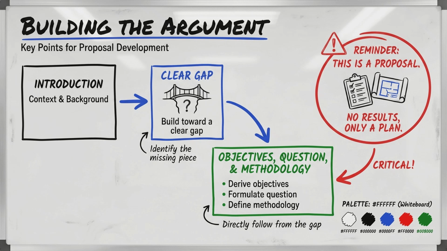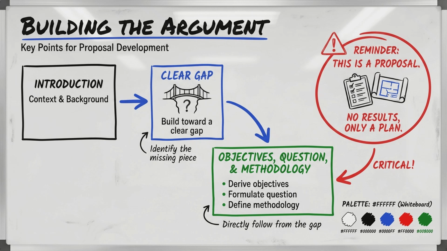From this identified gap, your objectives, research question, and proposed methodology should flow logically and directly. This isn't a final paper with results. It's a proposal, so you're outlining a detailed plan for future investigation. This careful construction ensures your entire paper will be coherent and logically sound.